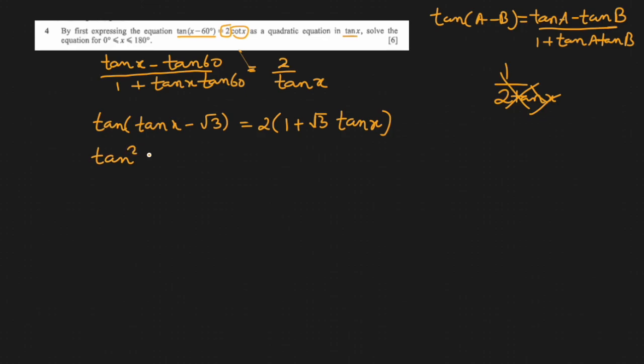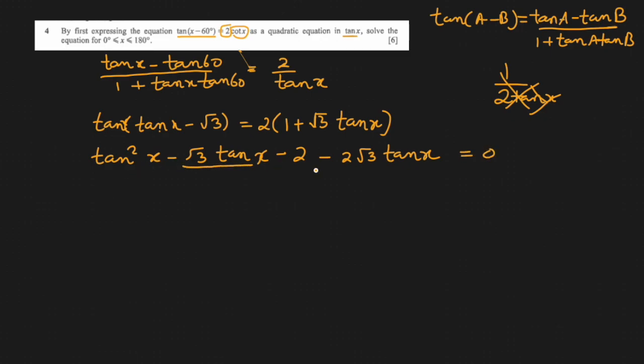So tan square x, when tan and tan multiply, minus square root 3 tan x, minus this 2 comes here, becomes a negative, and minus 2 root 3 tan x equal to 0. Nothing is left on the right side.